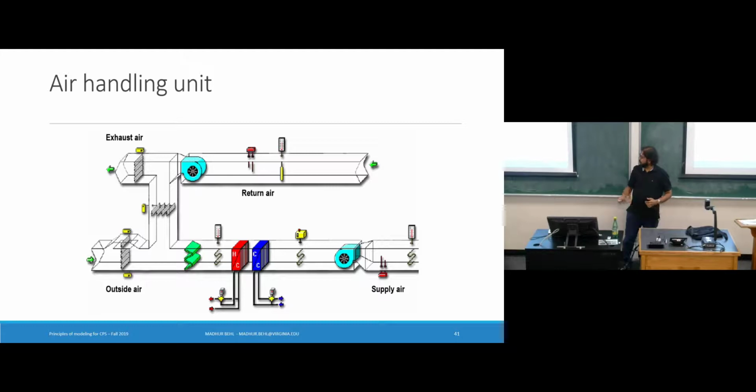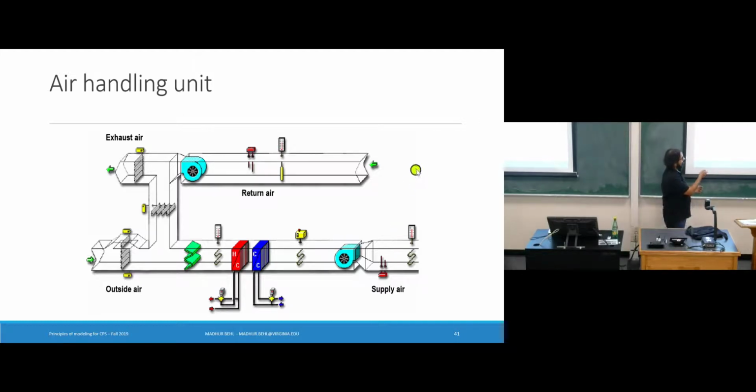So outside air is coming in. We want to send out 55 degree Fahrenheit air. So we have to chill or cool that air in the first place. So a heat exchange takes place over here. Then we send that air into the rooms as supply air. Some thermodynamic exchange takes place in the rooms.